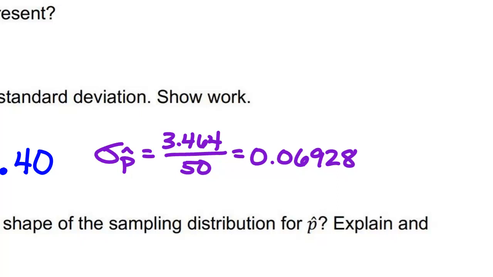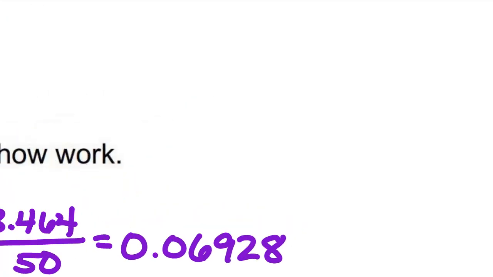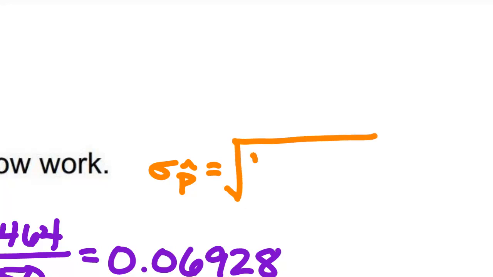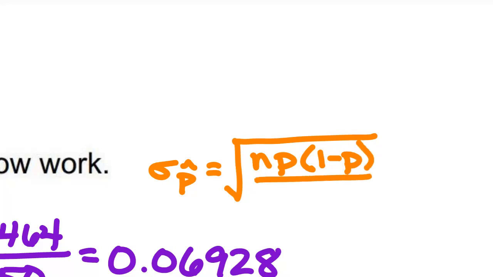When I want to find the standard deviation of p hat, let's think about what we just did there. So sigma for p hat, this is going to be my formula that I use. I've got the square root of n times p times 1 minus p over, if I'm dividing by n here, if it goes underneath a radical, it would become squared, right?